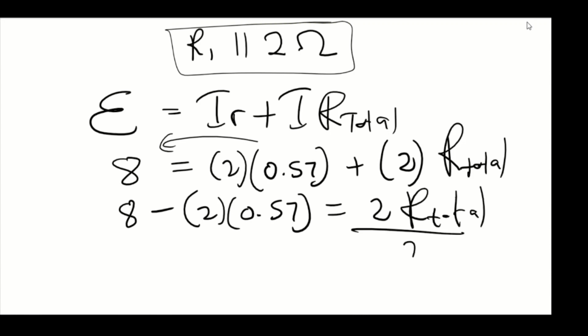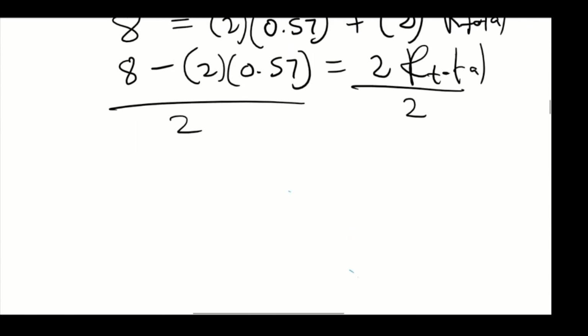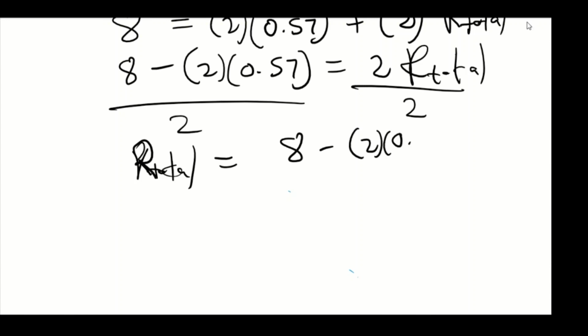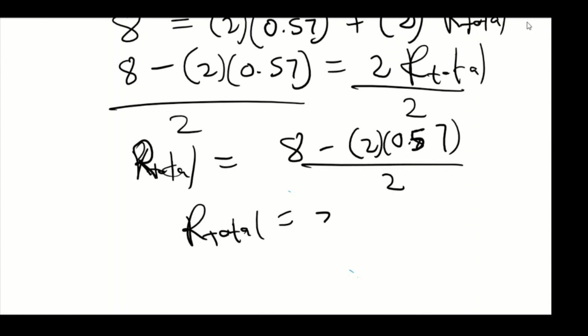Then we're going to divide by these 2 both sides. We will have R total is equal to 8 minus 2 multiplied by 0.57 divided by 2. So your R total is supposed to be equal to 3.43 ohms, right?